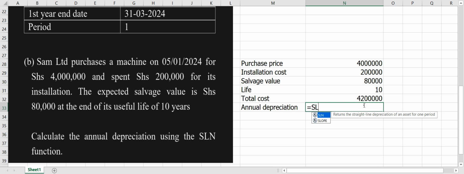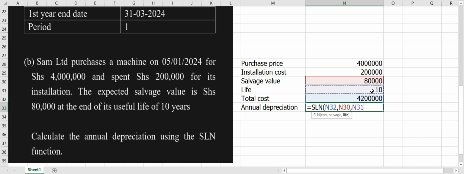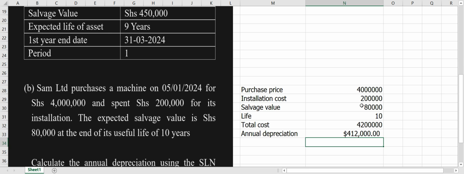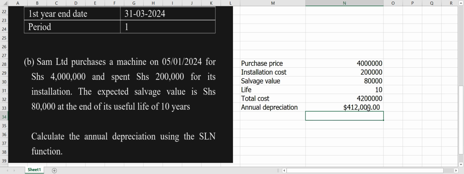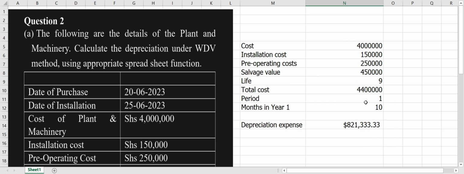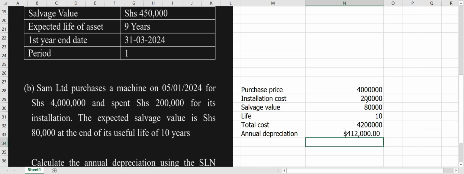So depreciation annual will be equal to the SLN. The cost is this. The salvage is 80, and then the life is 10, giving us depreciation of 400,000. That's it all. I wanted to show you how to calculate the depreciation using the declining balance method and then the straight line depreciation.